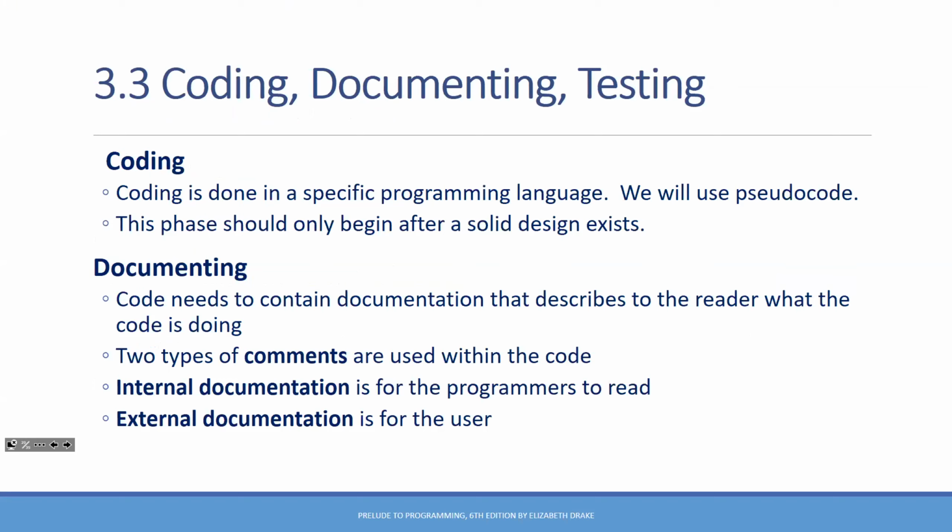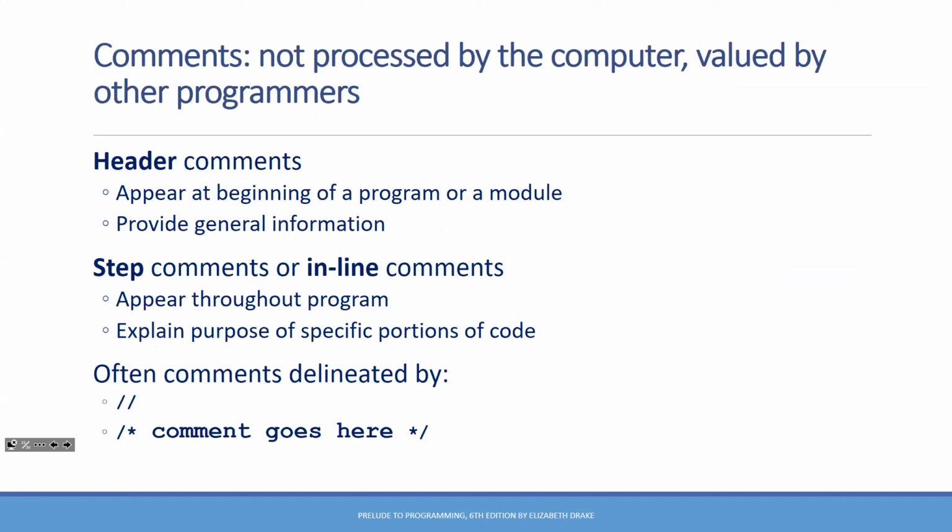Now, as we're coding, we're going to be using our programming language, and we're going to be putting some comments in. We're going to have those internal comments in our code, and then we're also going to have maybe a user's guide or some other external documentation for our users. We like header comments.